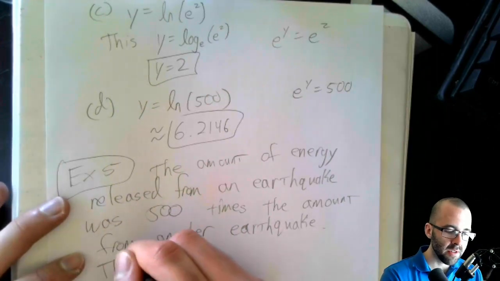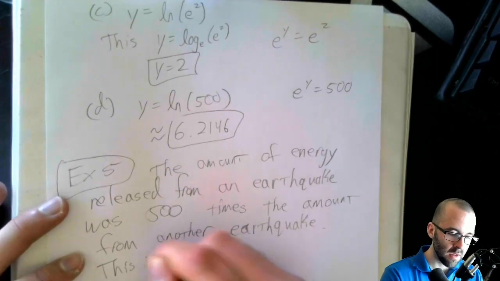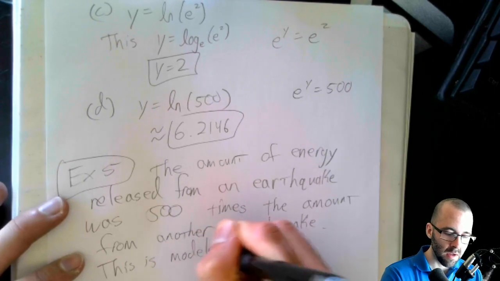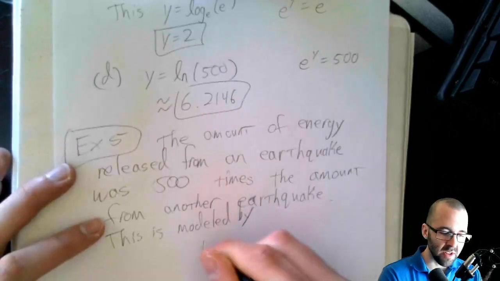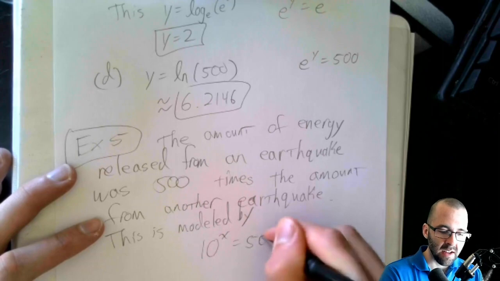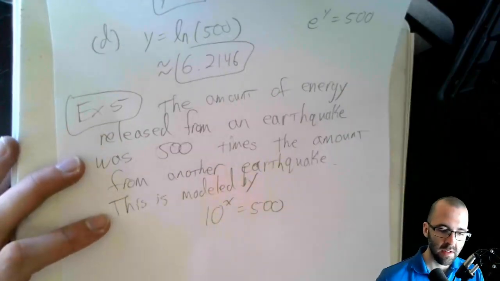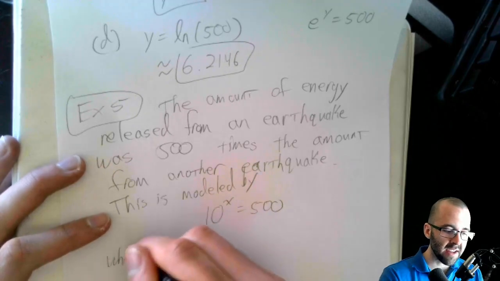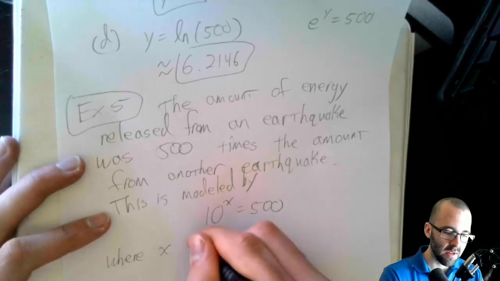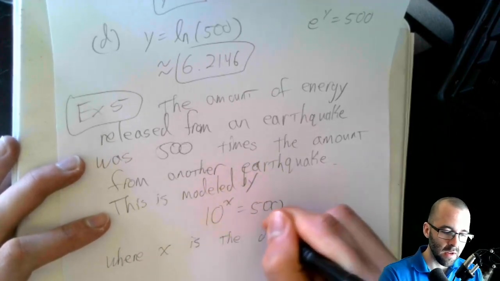So this is modeled by the equation 10 to the x equals 500, where x is the difference in magnitude.